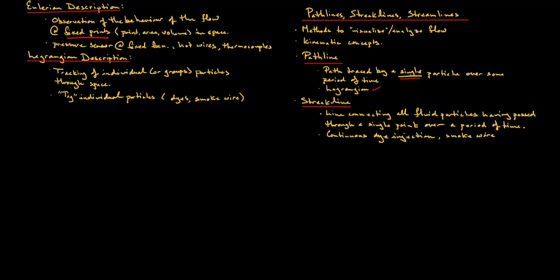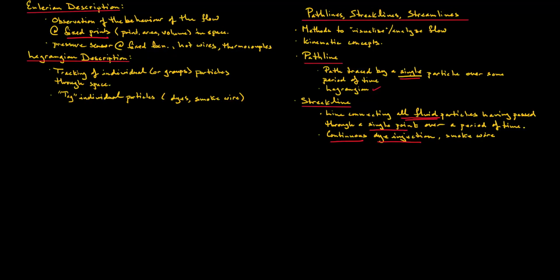A streakline, on the other hand, is the line connecting all fluid particles having passed through a single point over a period of time. So it's very close to a pathline, but again, we are not observing an individual particle, but rather it is the line connecting all the fluid particles that have passed through a single point. And so how we would achieve this is, for example, by continuously injecting a dye at a single point. Whereas in a pathline, we might just inject the dye for a very short period of time.